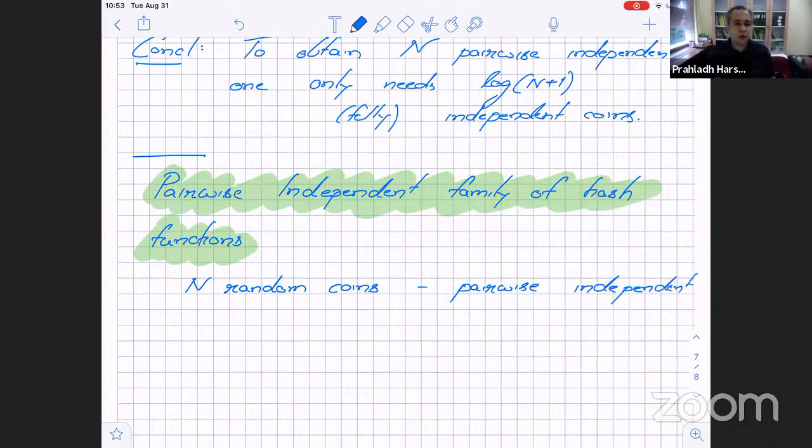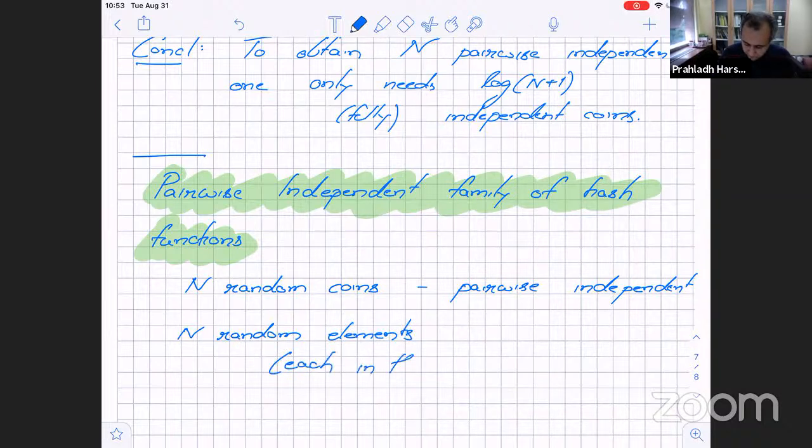Let's ask a slightly more general question. Sometimes I don't want n random coins, but actually want n random strings. So rather, let's call it n random elements, each in the range m.